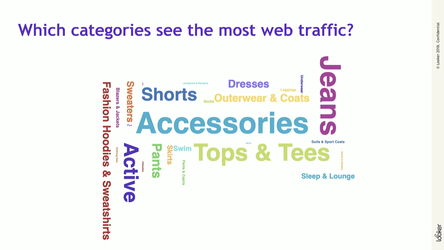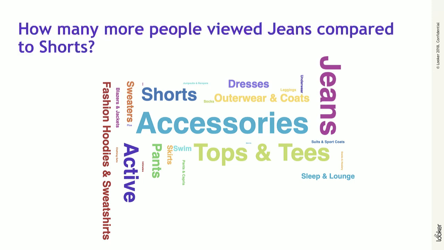The question we are asked required a relative answer, so using a word cloud is fine. But if we needed to make a more absolute comparison, such as how many more people viewed jeans compared to shorts, the absolute comparison is much harder to do when comparing something like word sizes.